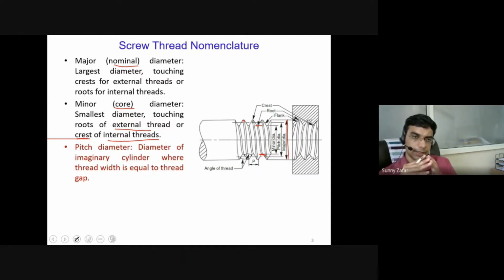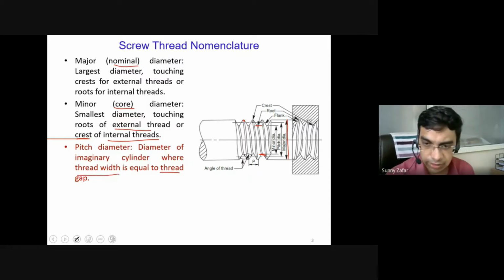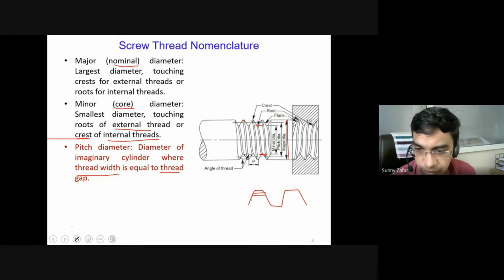Next, a very important parameter while nomenclating threaded fasteners is the pitch diameter. Pitch diameter is basically the diameter of the imaginary circle where the thread width is equal to the thread gap. So if I'll just draw it again, if this is the thread, there can be infinite lines which can be drawn, but there will be a particular line where the width of this line will be equal to the width of the gap.